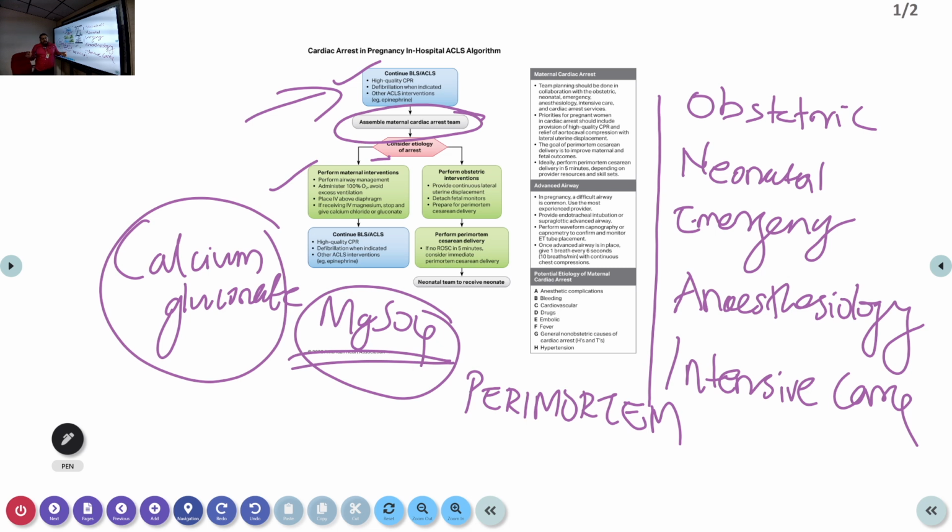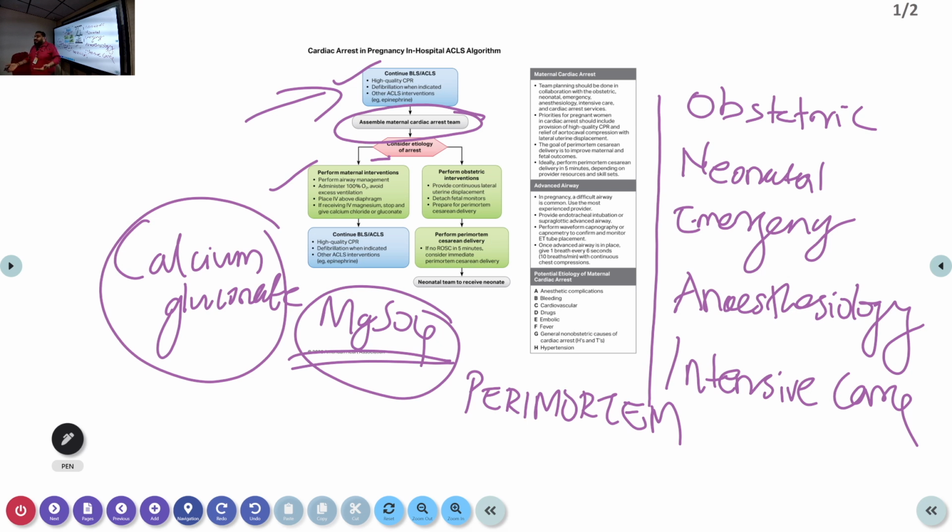When the mother is having a cardiac arrest and you are trying to salvage the baby, suppose the baby is a term baby, or maybe after 28 weeks, you cannot wait for a normal delivery. That is not going to happen because she is already in cardiac arrest. By taking out the baby, the mother's physiological parameters can improve.